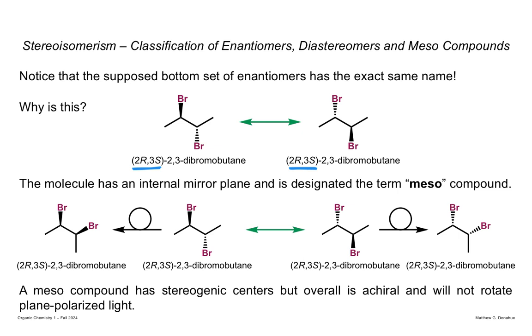You have a stereogenic carbon, and now, just like your body, if you slice this in half, this mirrors this, the hydrogens mirror, and then the methyls mirror one another. So a meso compound is a special stereoisomer. It must have stereogenic centers, and it must have an internal plane of symmetry. So that would be a mirror plane.